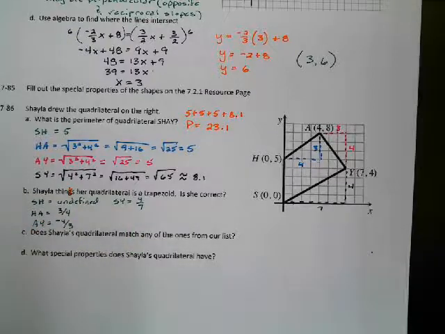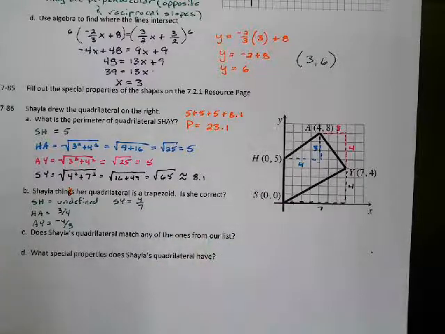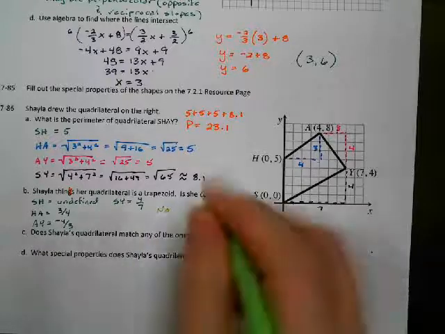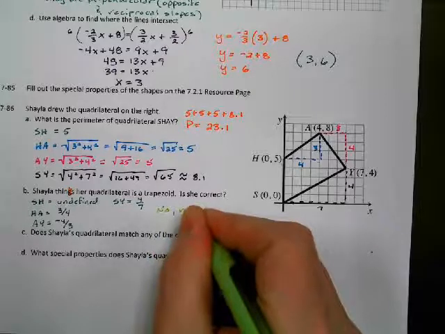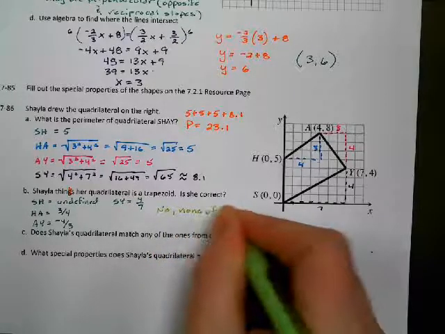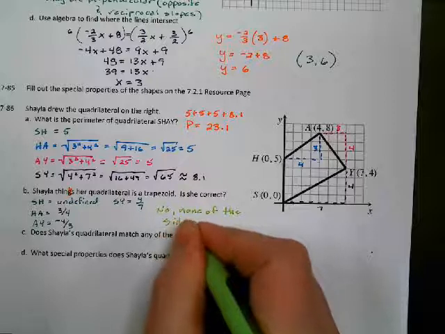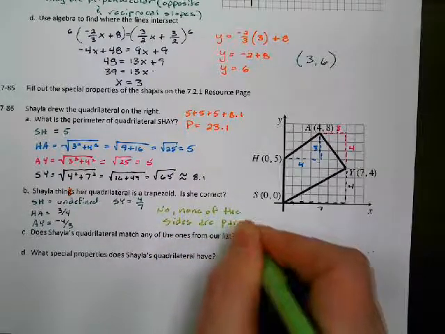So no, none of the sides are parallel. So to prove that they're parallel, they have to have the same slope. None of these slopes are the same, so we can't have any parallel sides.